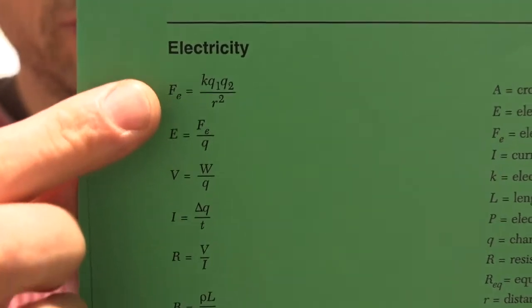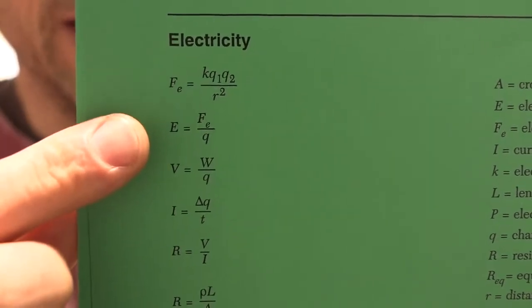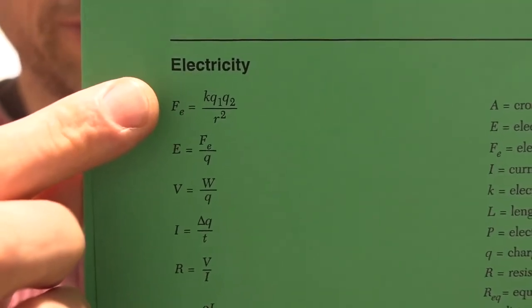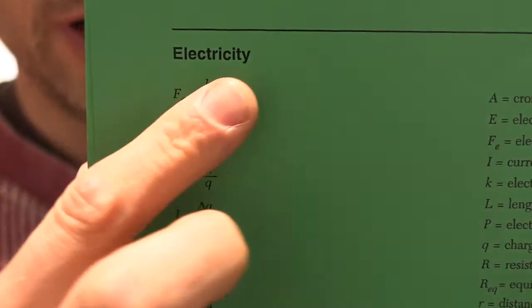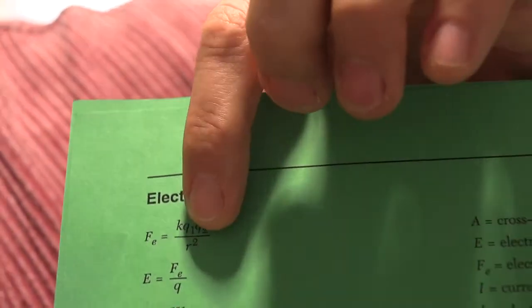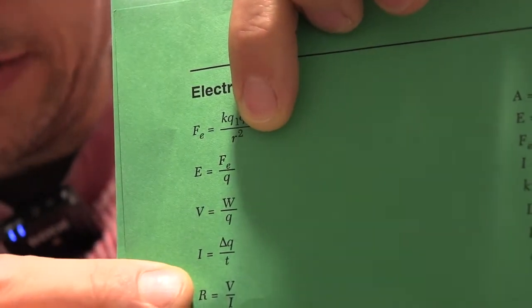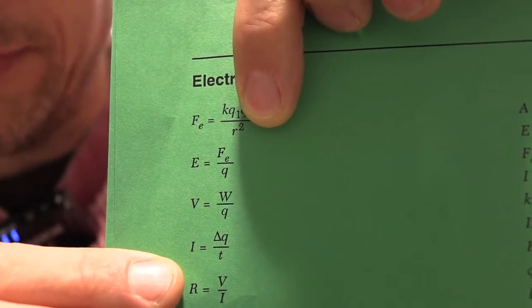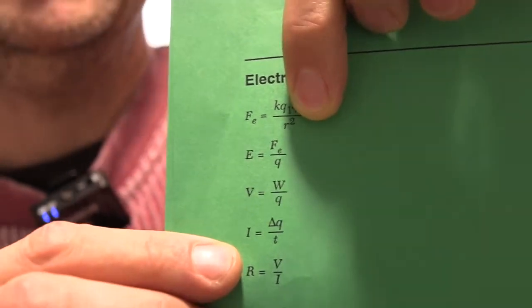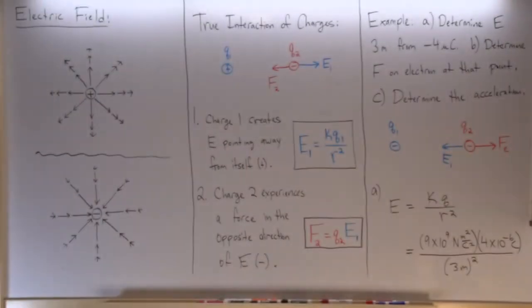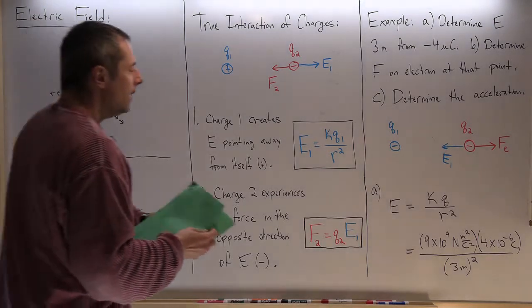If you put these two together, you get kQ over r squared. In other words, take this formula, divide out one of the charges, and when one of the charges is divided away, you get kQ over r squared for the electric field. So it's sort of there. You have to put the pieces together to get that formula if you need it.